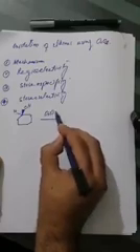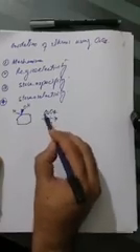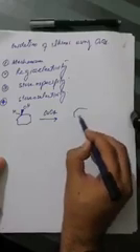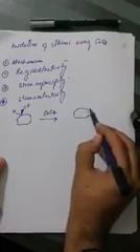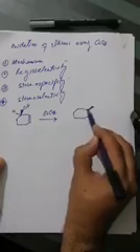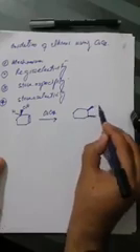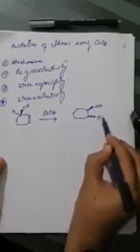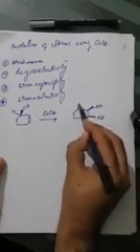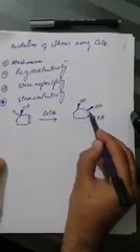So what happened there, using osmium tetroxide, we proved that dihydroxylation would occur along this olefinic double bond, and both OH will be there.